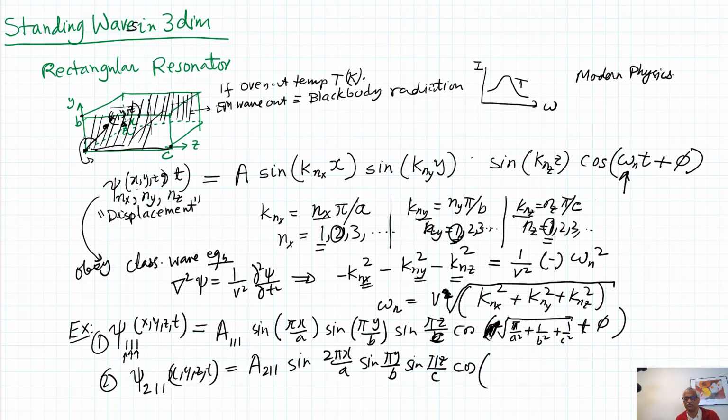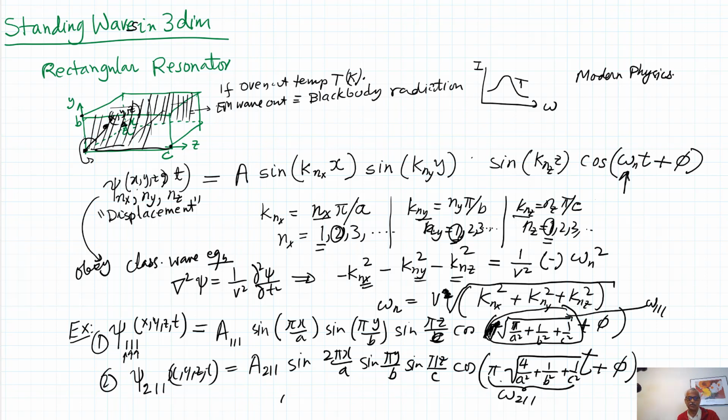And in the cosine, pi comes out, and now I have 2 over a, so 4 over a square plus 1 over b square plus 1 over c square, plus phi. So this frequency times t is omega 211, and the one with pi in there is omega 111.